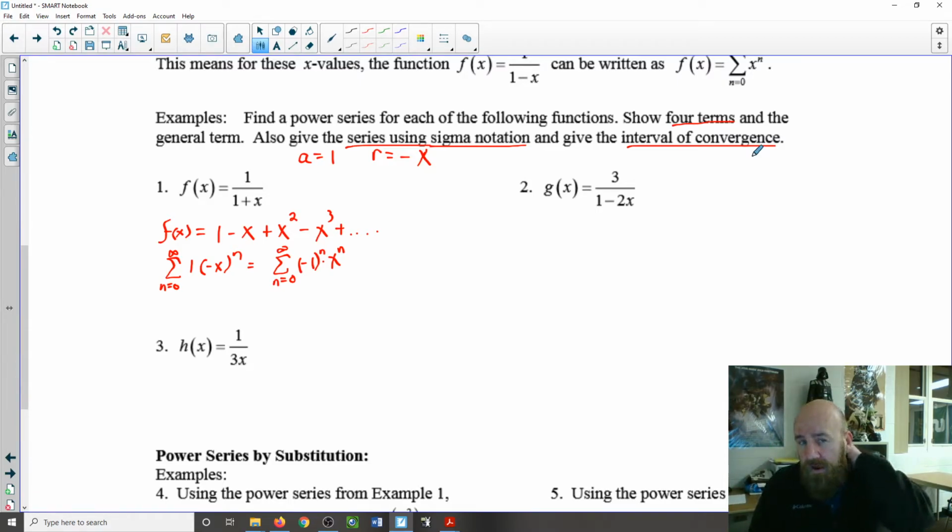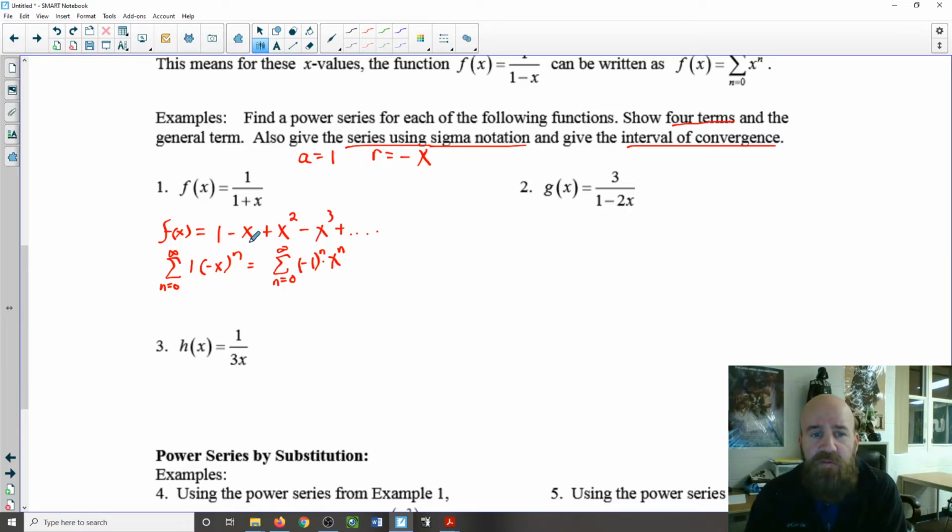So real quick, and I can go more into this later, but the interval of convergence talks about how accurate our polynomial is. The polynomial that we've created, this infinite polynomial, is an estimation, essentially. So there's error in it. The further we get out, the more terms we write, the closer it's going to get to the original function.